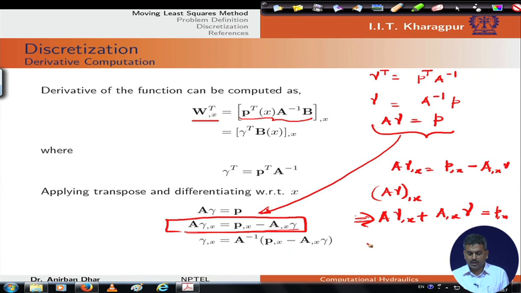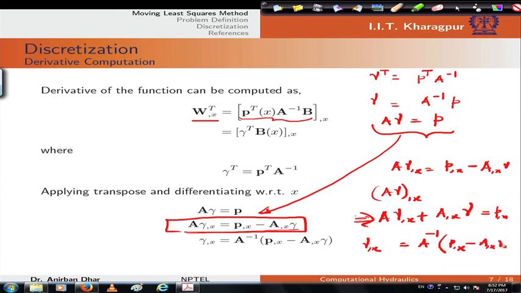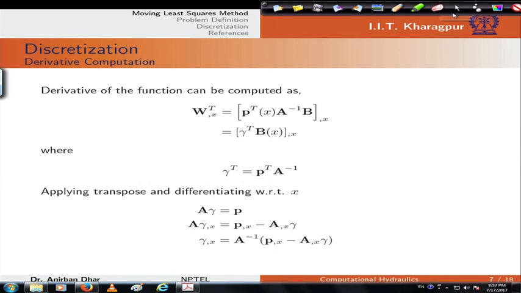Now, the first derivative of gamma can be directly calculated as A inverse times P comma x minus A comma x into gamma. So, this is all about the first order derivative of gamma, that is gamma comma x.